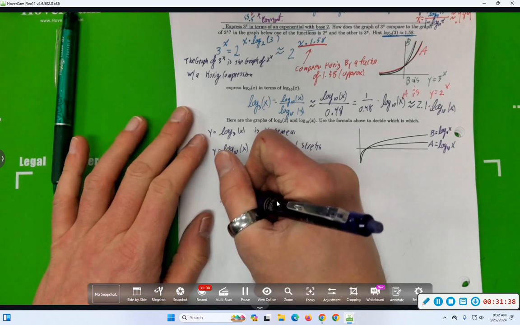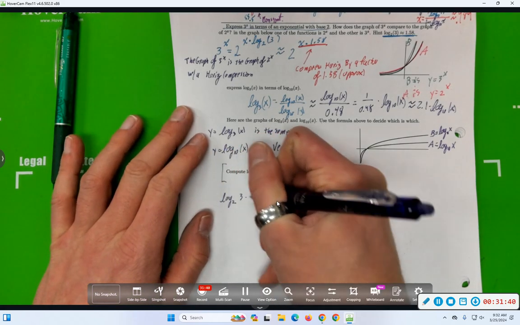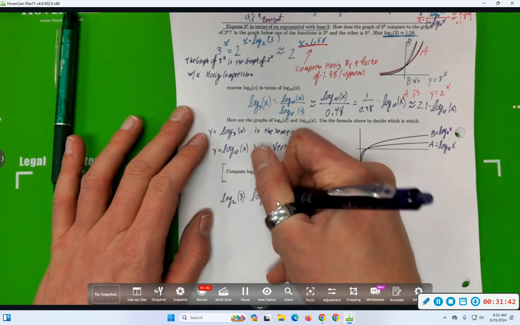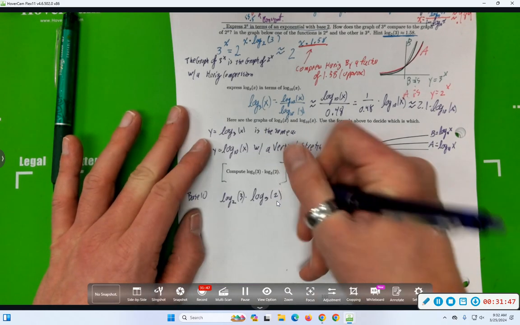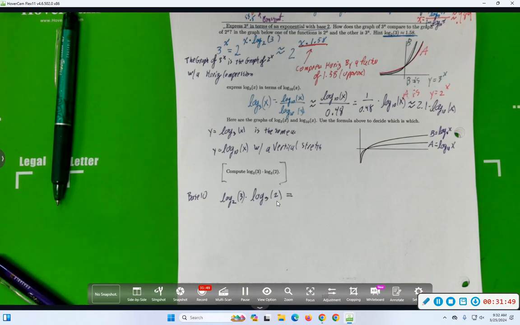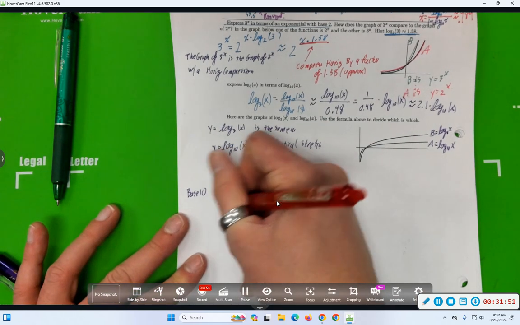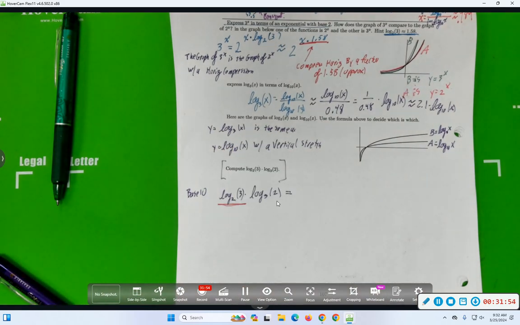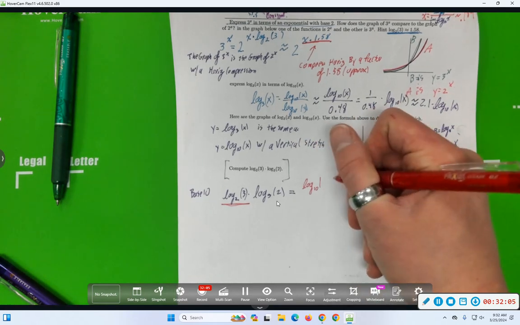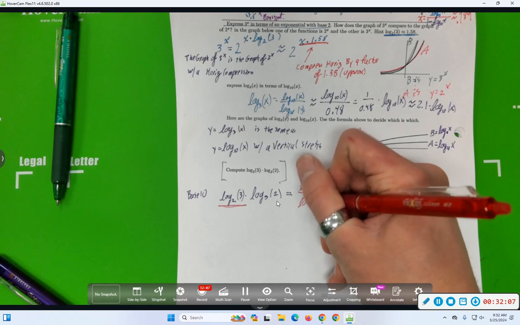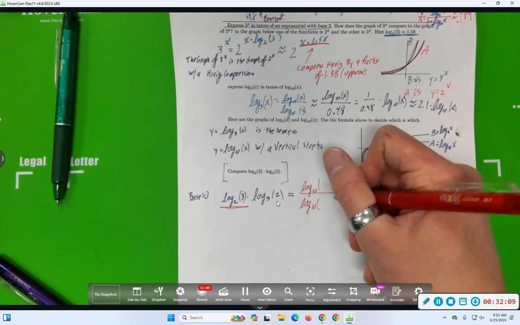So let's rewrite log base 2 of 3 times log base 3 of 2 in terms of base 10. Let's do some color coding. Log base 2 of 3, what is that in base 10? Let's see, the change of base form should be the log base 10 of something divided by the log base 10 of something.